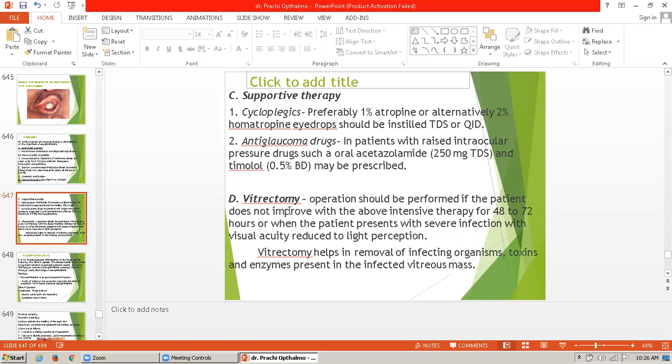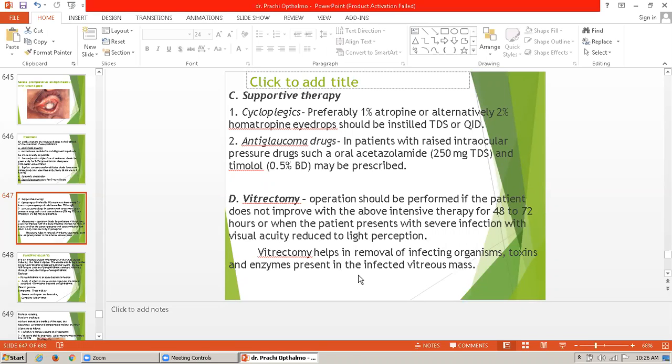Fourth is vitrectomy. The operation should be performed if the patient does not improve with the above intensive therapy for 48 to 72 hours. So this is very important. If the patient's condition does not improve with the above therapy for 48 to 72 hours, or when the patient presents with severe infection with reduced visual acuity and light perception, then vitrectomy is essential.